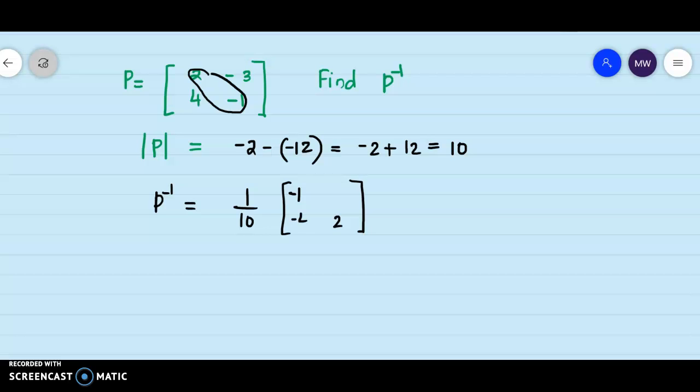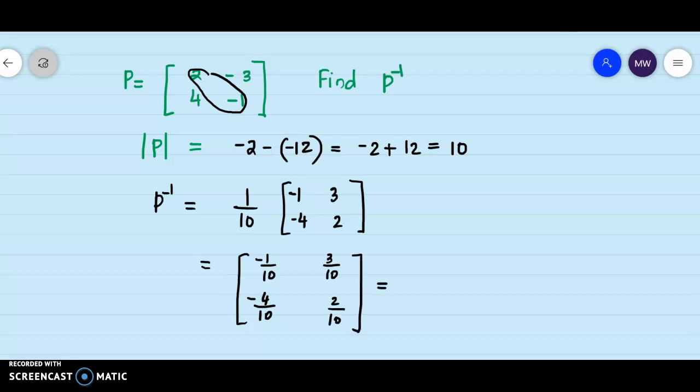Positive 4 will become negative 4, negative 3 will become positive 3. Once you write it like that, we just distribute the 1/10 to each element in the matrix. So it becomes negative 1 over 10, 3 over 10, negative 4 over 10, and 2 over 10.